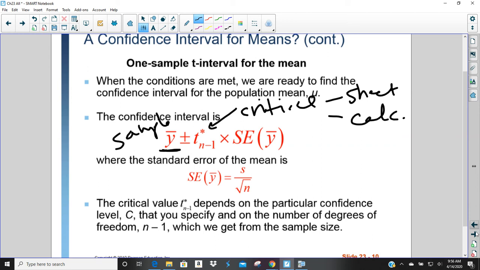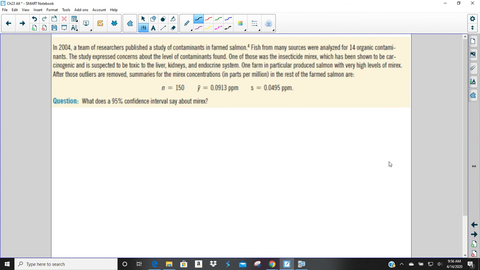So let's go through a problem, and that will show us how to do it manually as well as using the calculator. So we have this thing of farm fish. Fish from many sources were analyzed for 14 organic contaminants. The study expressed concerns about the level of contaminants found. One of those was insecticide Mirex, which has been shown to be carcinogenic and is suspected to be toxic to the liver, kidneys, and endocrine system. One farm in particular produced salmon with very high levels of Mirex.